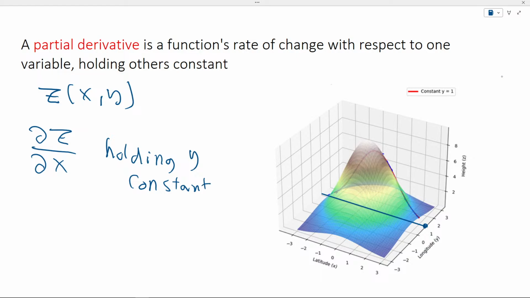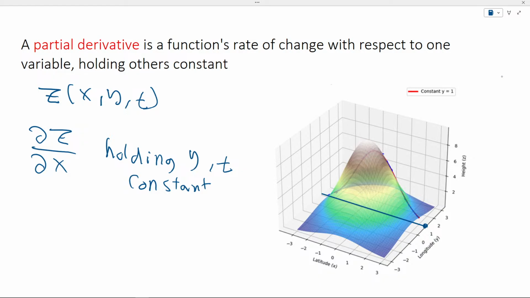And let's say this is changing in time, so let's add time here. That would be partial z with respect to partial x, holding y and time constant.